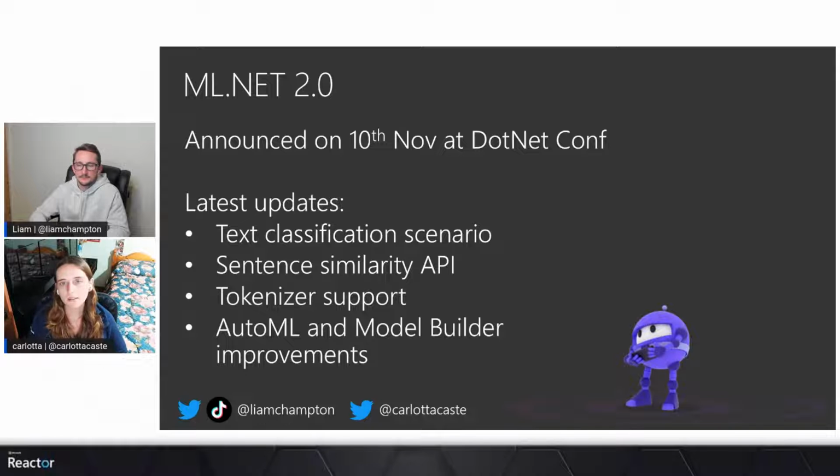Other improvements in ML.NET 2.0 are related to AutoML and Model Builder, like some customization in the space of choice for trainers and hyperparameters, and advanced training options for Model Builder. So I just wanted to let you know that this is an evolving service, and the latest version has been announced just a few days ago.